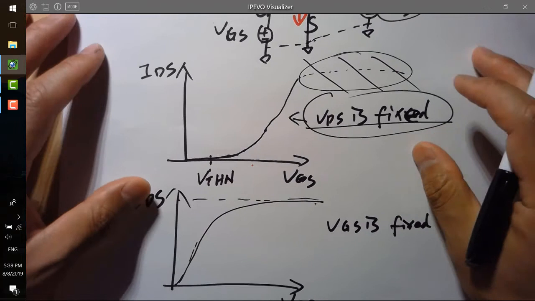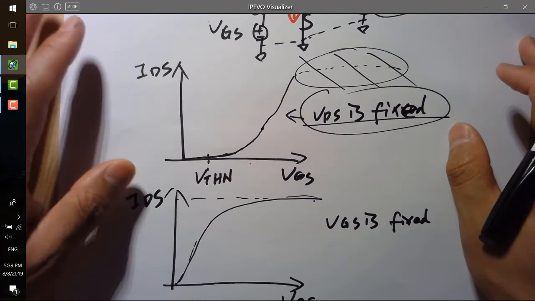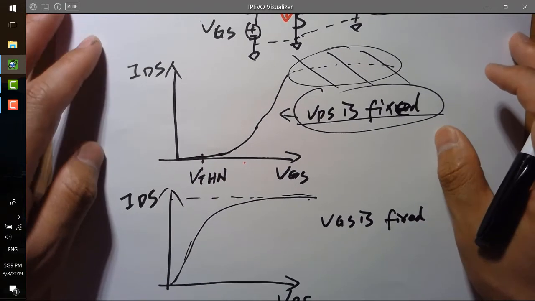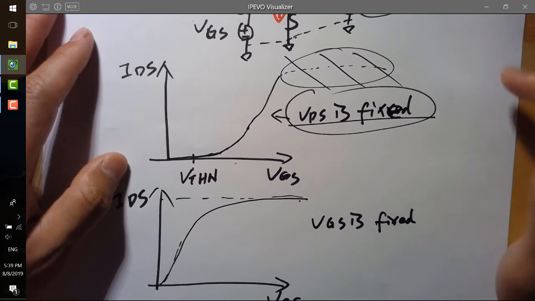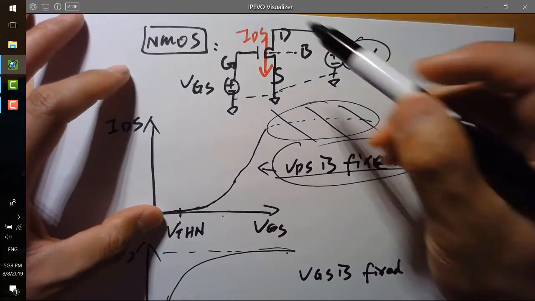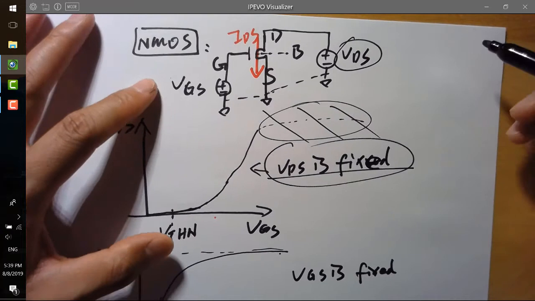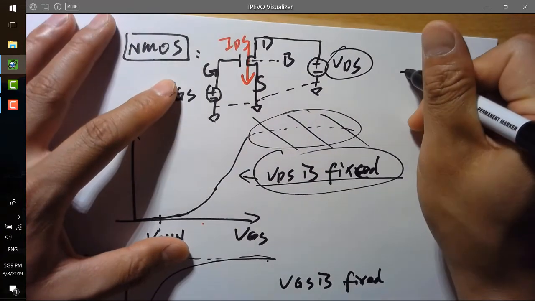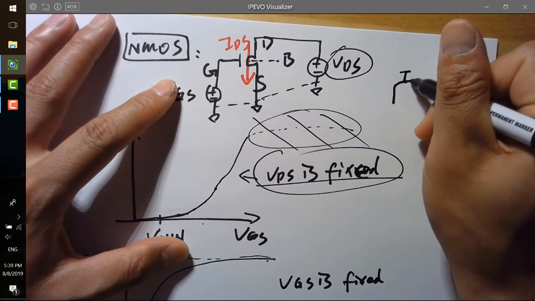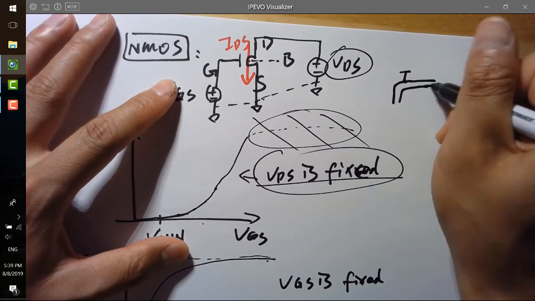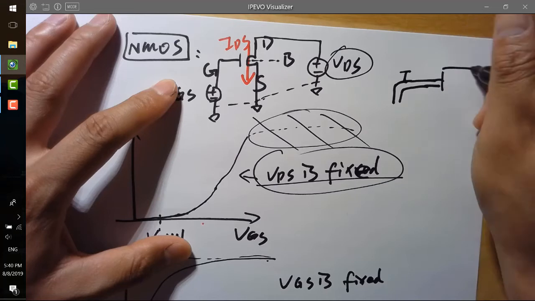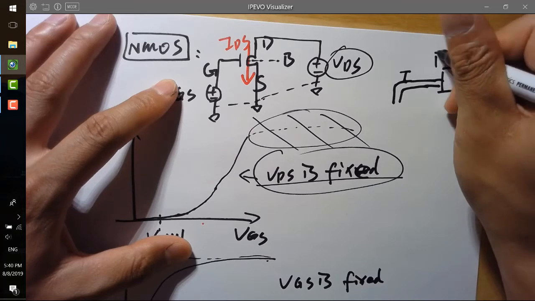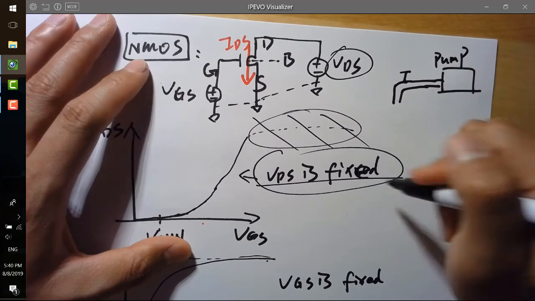But why? What's the intuitive way, so you can understand this in a better way? You may think about the transistor just like a switch, the switch of a faucet. Everybody's familiar with a faucet here, right? And there's a pump, which is giving a pressure to the faucet.